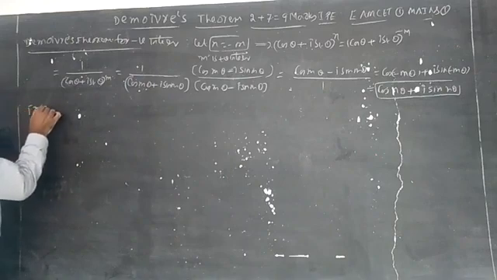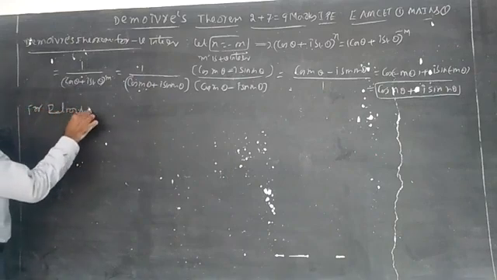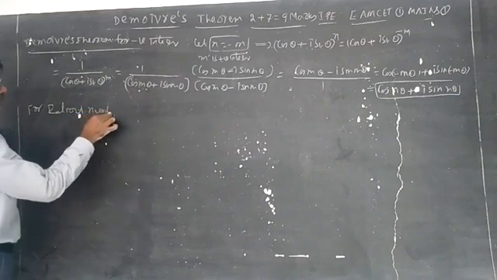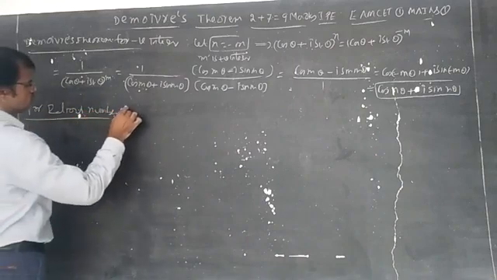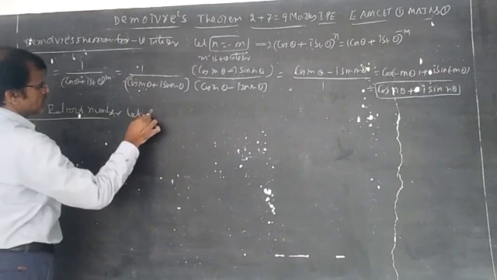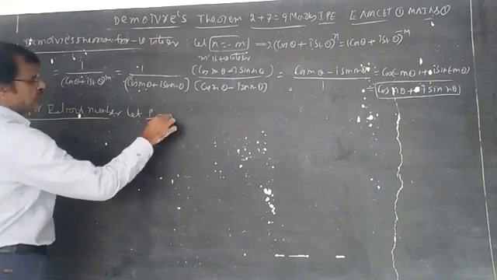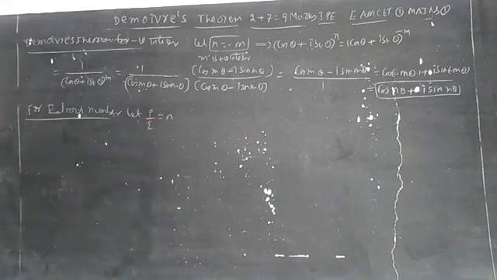Next, for rational numbers, let p by q be equal to n. So p by q is rational, and for a rational index also we can calculate the De Moivre theorem.